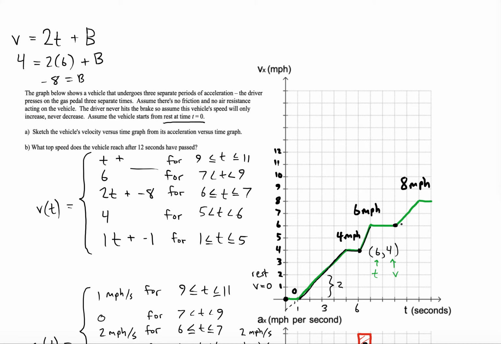Just going to do that same technique. 9 comma 6 is that point. Six equals 9 plus b2, therefore b2 is -3. All done.